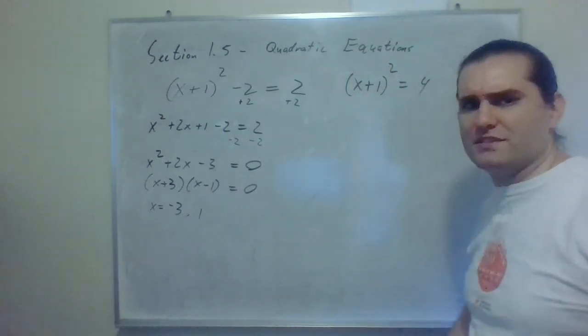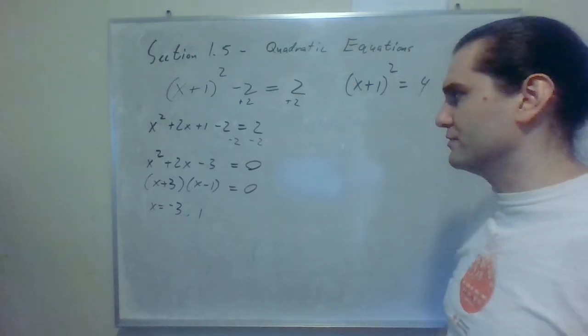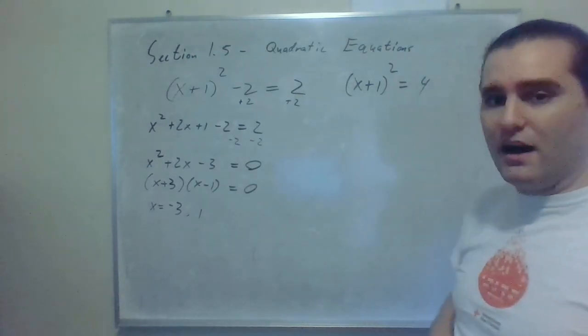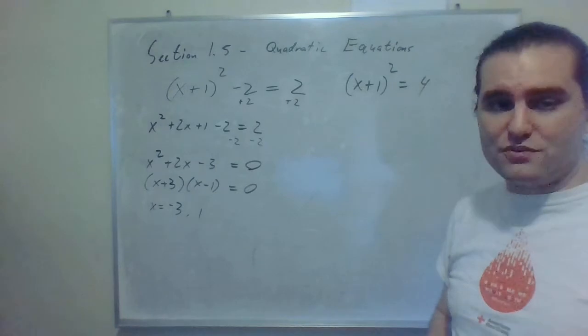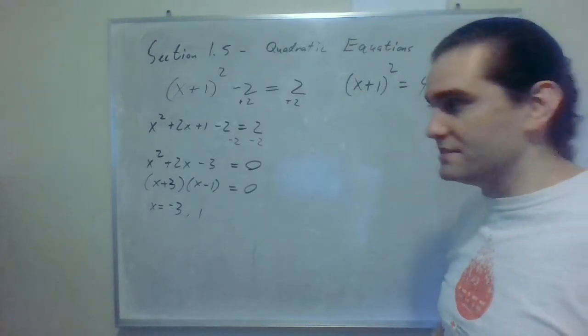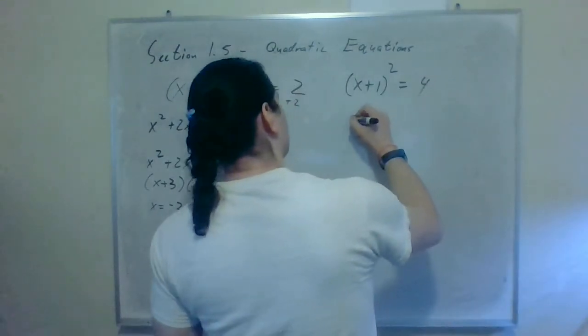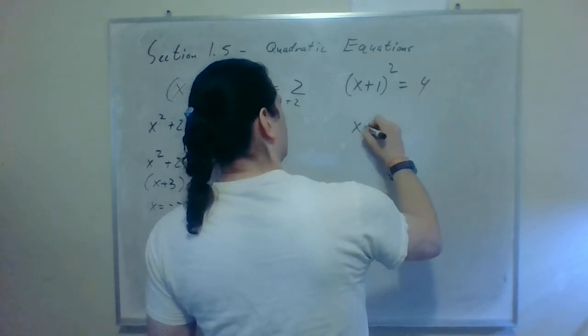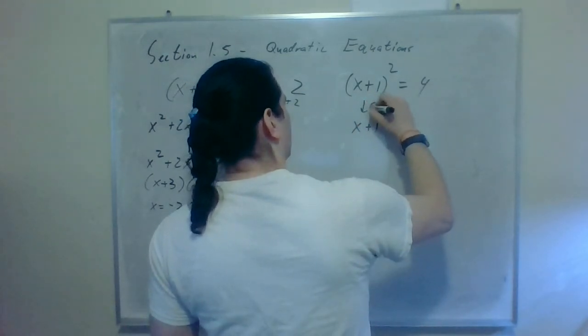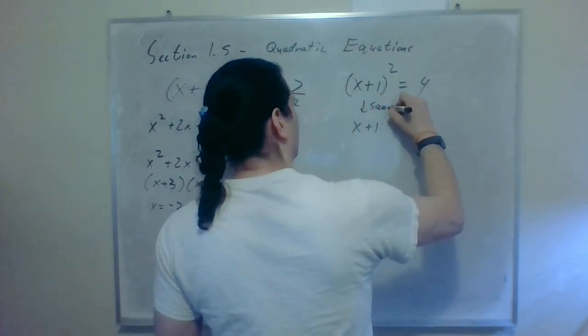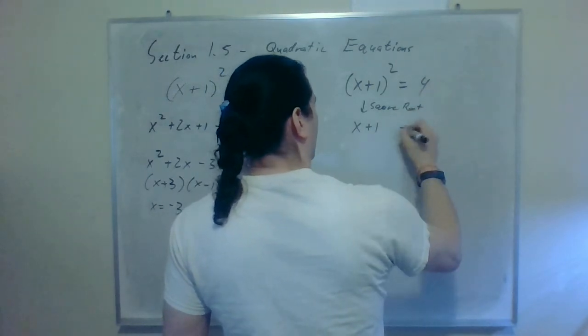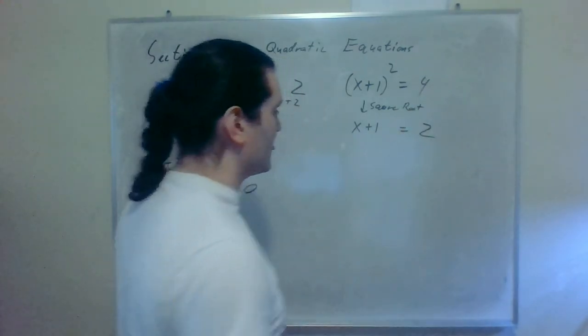So I think the book calls this the square root technique or something. Honestly, I don't like the square root technique because most students will take the square root of both sides and they'll come up with this.